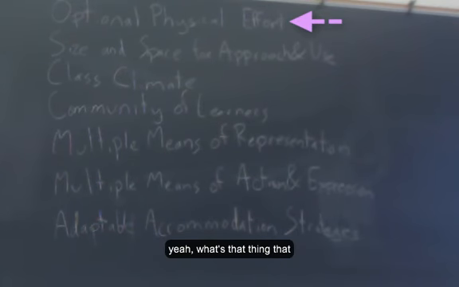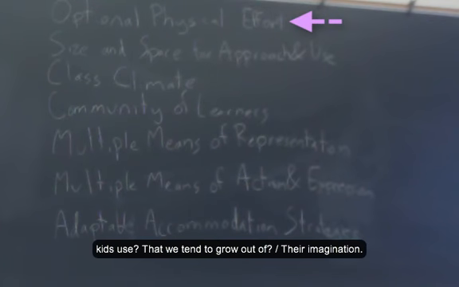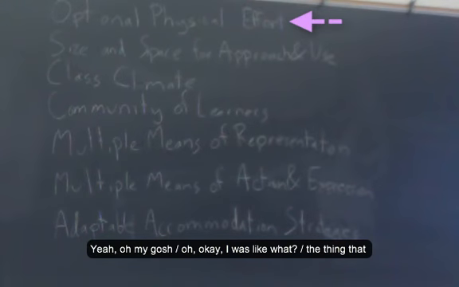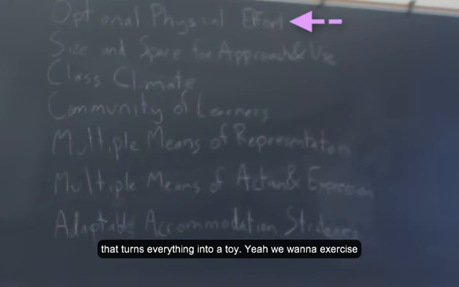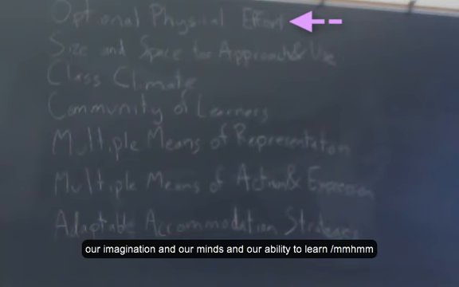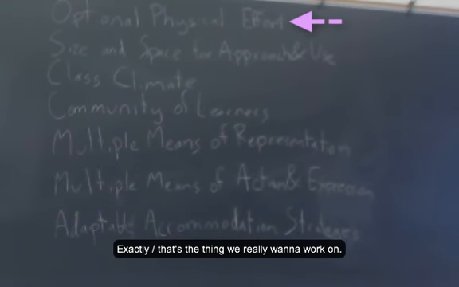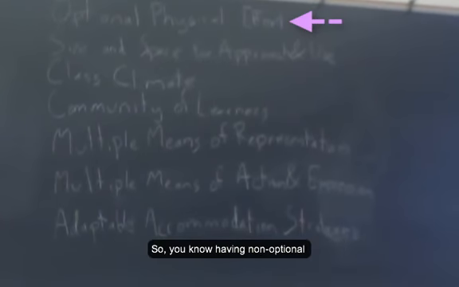Our minds. What's that thing that kids use that we tend to grow out of? Their imagination. Yeah, we want to exercise our imagination and our minds and our ability to learn. Exactly. That's the thing we really want to work on.